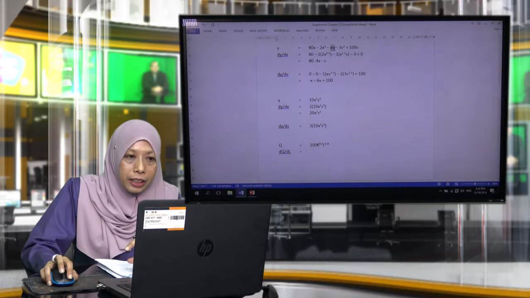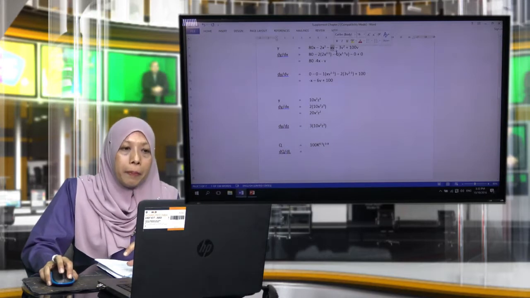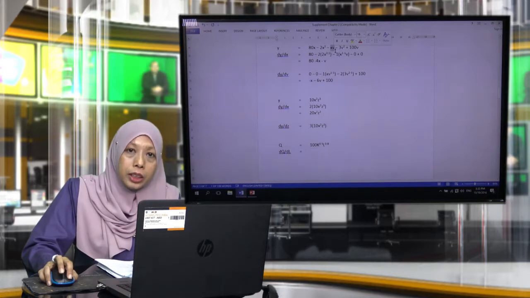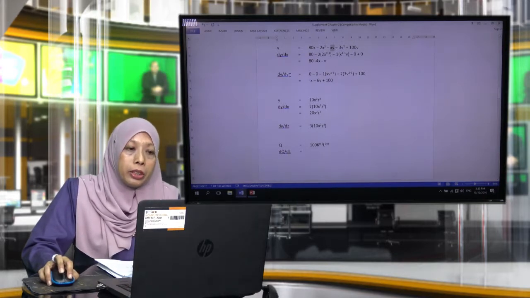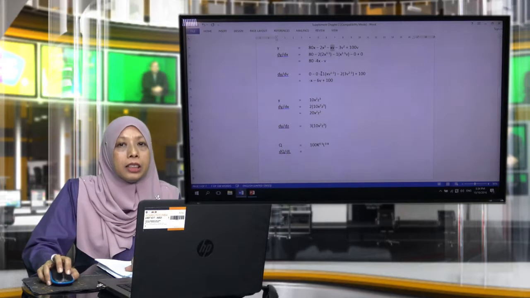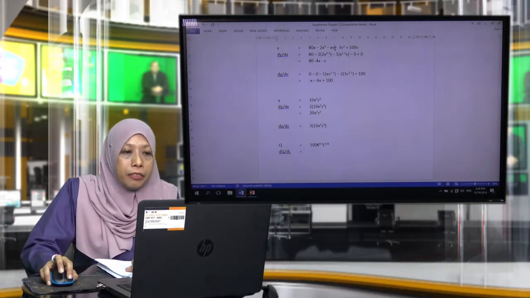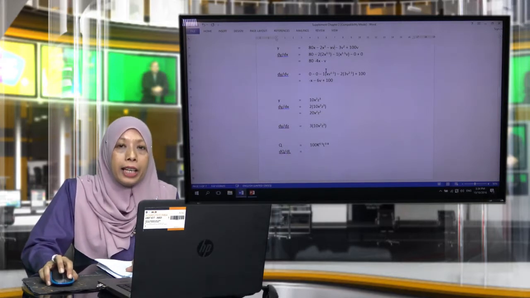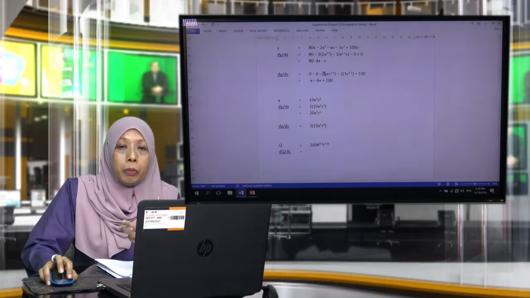So the second subfunction is 2x squared. But because you are assuming x as a number, this whole term is a number. When you differentiate it, you're going to get 0. The third function, you have both x and v, so it would be better if you use the power function rule.